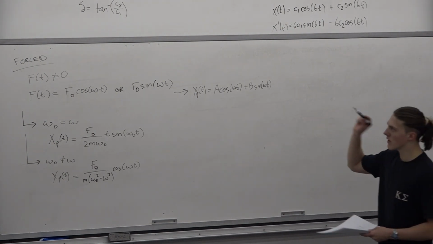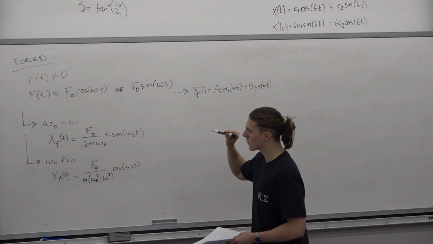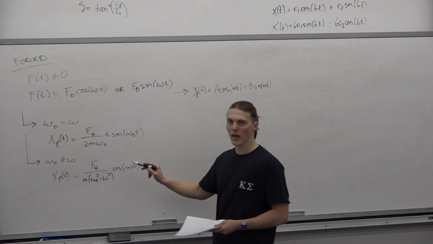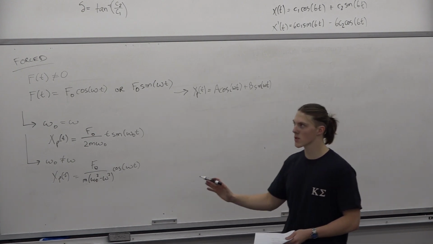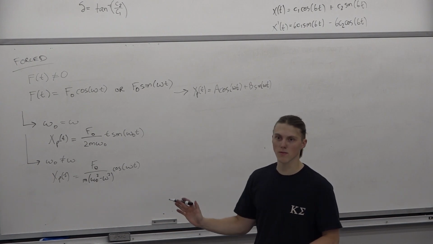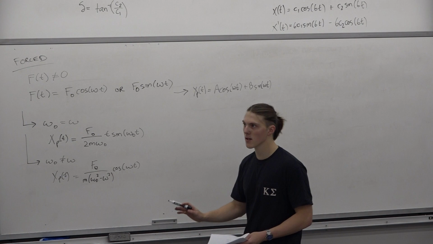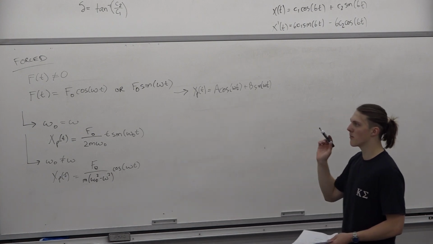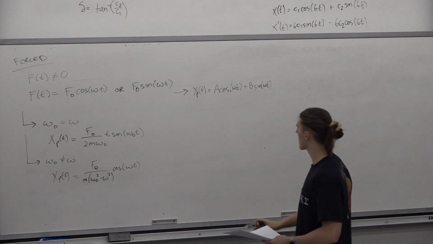So, again, if we have a periodic function external force, we can use these two cases to jump to the particular solution, but undetermined coefficients will work as well. So if you're unsure, or if you forget on the exam, you can just use the methods we were doing before to get to the same place.